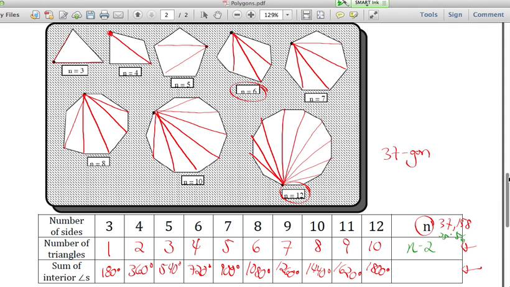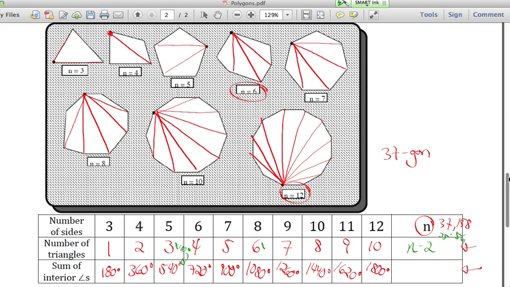Now the question is, where did we get that bottom row of numbers, all those degrees that are getting larger and larger? What did we do with 1 in order to get 180, 2 to get 360, 3 to get 540? Well, it turns out that we simply multiplied. If I do 3 times 180 degrees, I'm going to get 540.